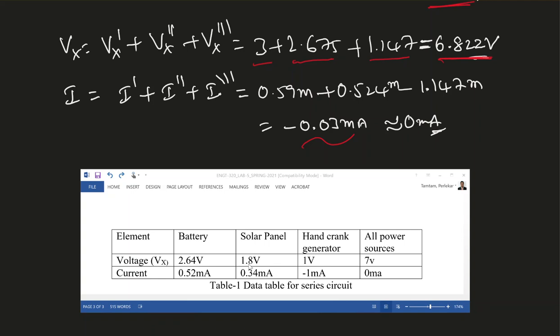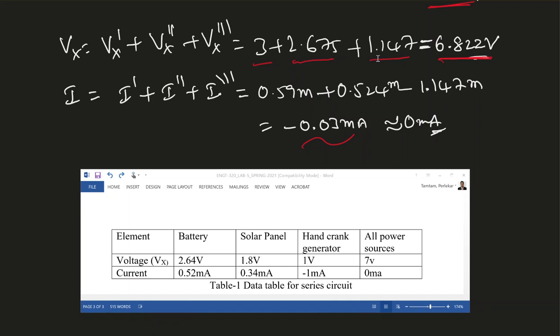That could be the reason it is supplying only 0.34 milliampere, and the voltage across it is 1.8. I agree with these numbers; it's based purely on the sunlight available. We used a bulb in the lab to get light on the solar panel.